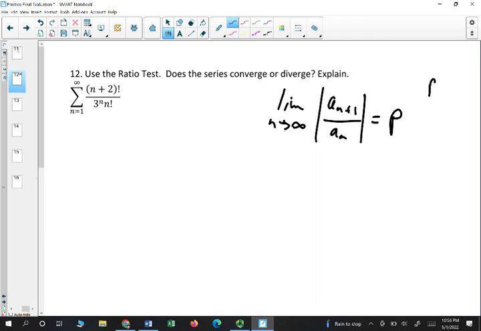So if rho is less than 1, we converge. If rho is greater than 1, we diverge. And if rho equals 1, we're inconclusive, so then we need to use a different test.